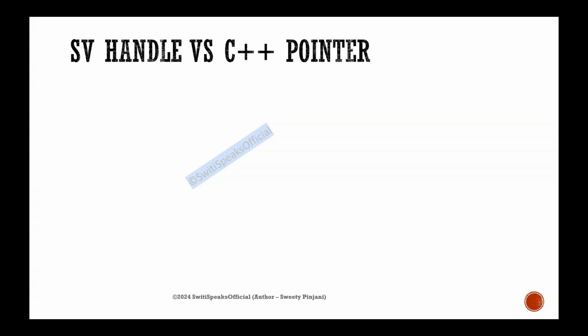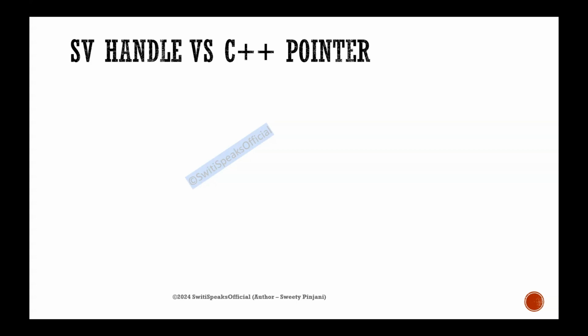So we try to compare handle with pointer. Today we are going to highlight the main differences between SystemVerilog handle and C++ pointer, so that if you know C++ and SystemVerilog, you can understand what are the differences between these two.